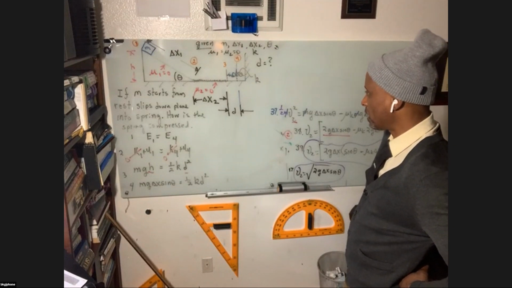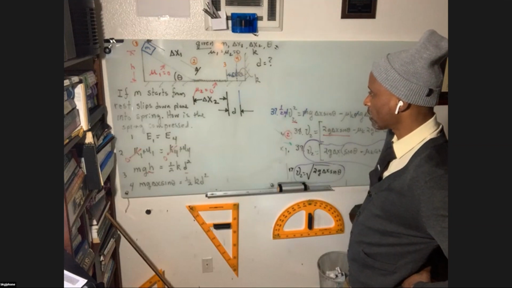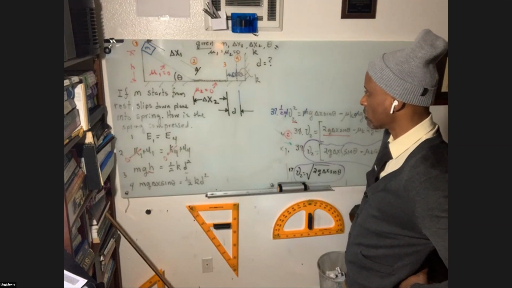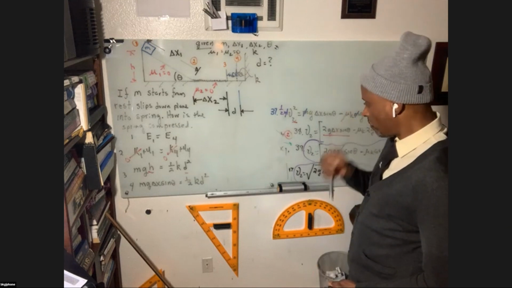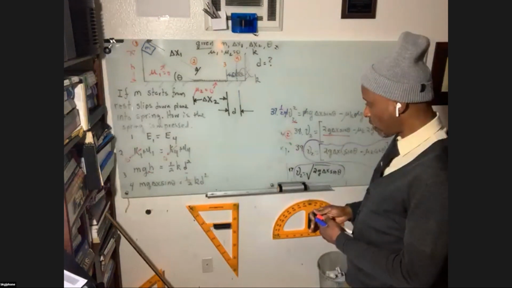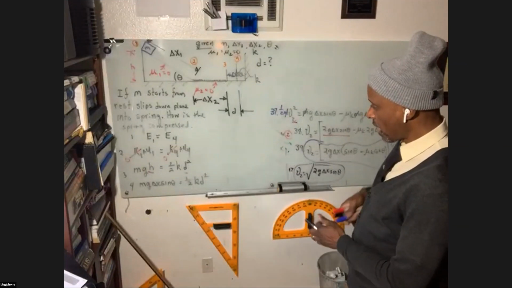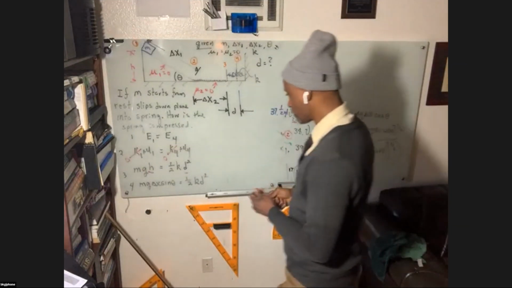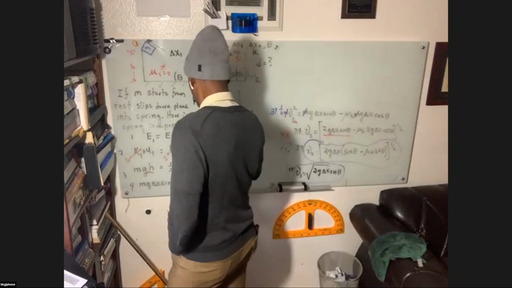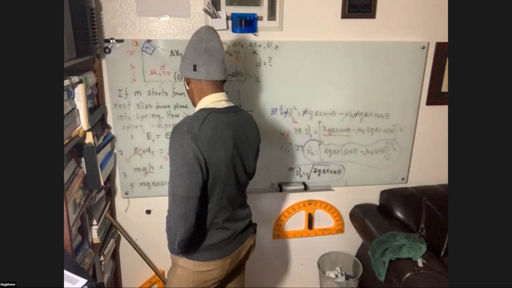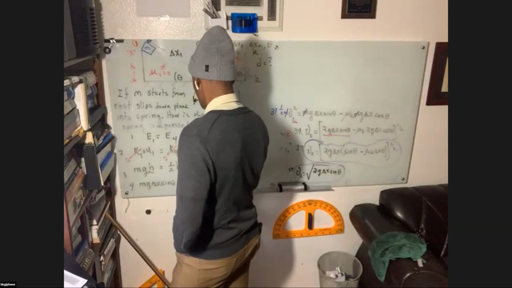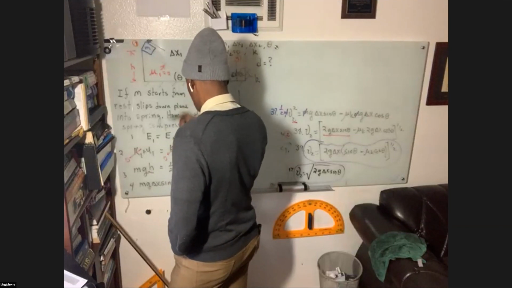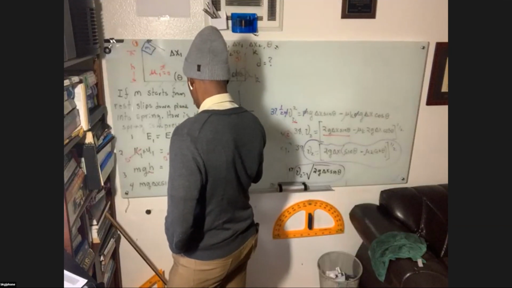I'm going to do that, and then I'm going to modify the problem in a different way, like put friction on one of the surfaces or whatever. So let's just solve for d. The 2 goes over, divide through by the k, and then take the square root.